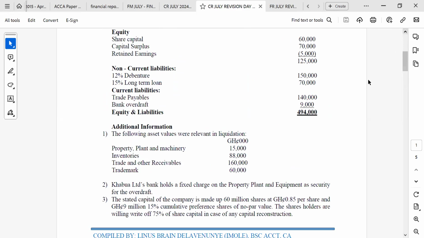Pertaining to the debenture, in case it was secured by a fixed charge, are you supposed to pay the principal plus the interest, or you pay only the principal and later you pay the interest? It is the principal that is secured against the asset, not the interest. So you only pay the principal.